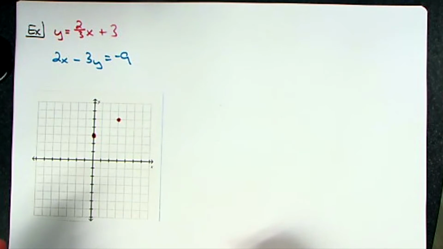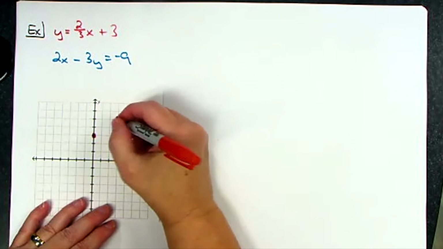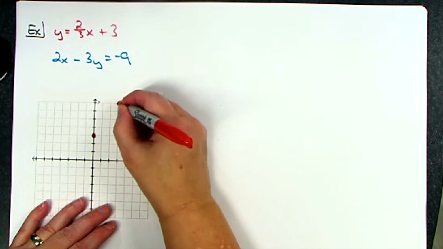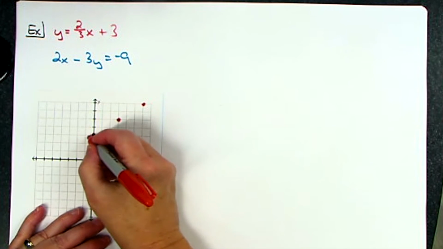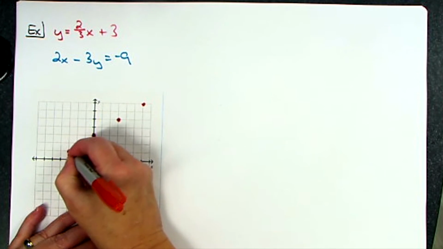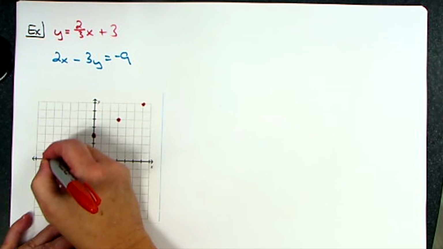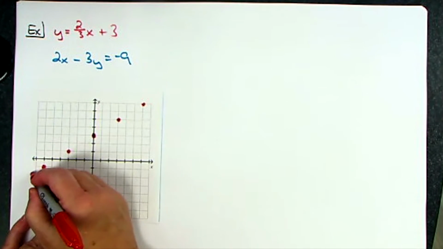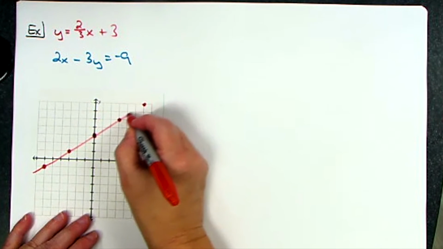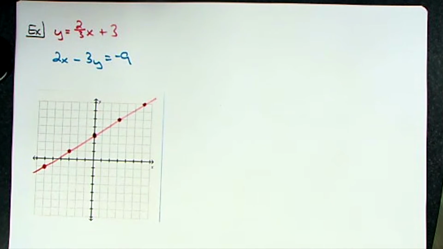And since this is my first line that I'm graphing, I'm going to do it over multiple times. So up 2 to the right 3. I need to go to the left 3 and down 2 to stay with my pattern. To the left 3, down 2. If it crosses, hopefully it's going to cross at one of these points. Parallel, we want this to be the same line though.